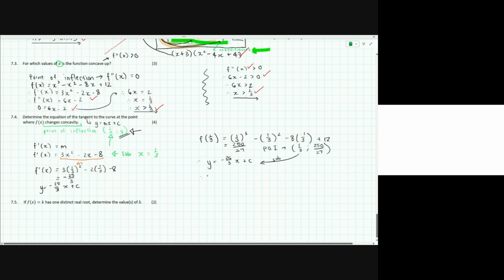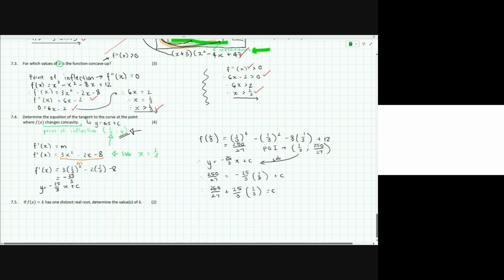So I get 250 over 27 equals negative 25 over 3 times a third plus c. Now I'm going to be honest, there's no way I want to go and calculate all of that, so I'm just going to use my inverse operations. What I will type into my calculator is this entire left-hand side all in one go, because that will give me c.